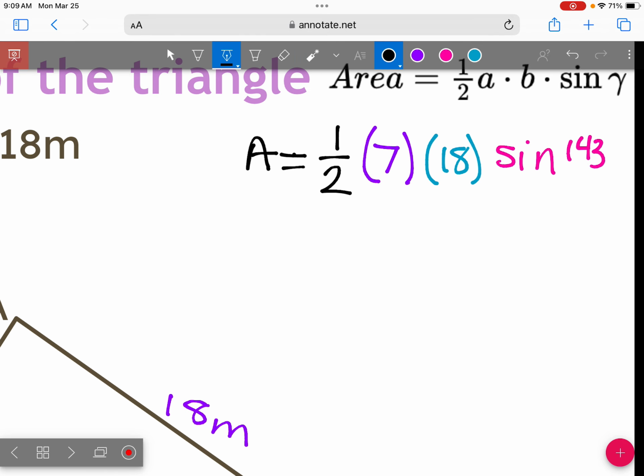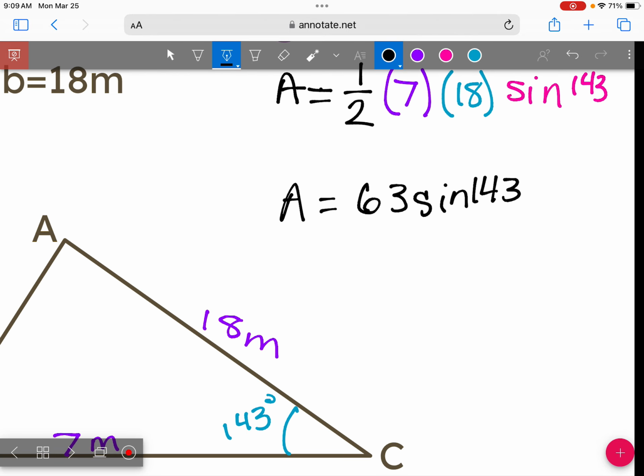And we can type this in the calculator. So we have 1/2 times 7 times 18, which simplifies down to 7 times 9, which is 63. Then 63 sine of 143.